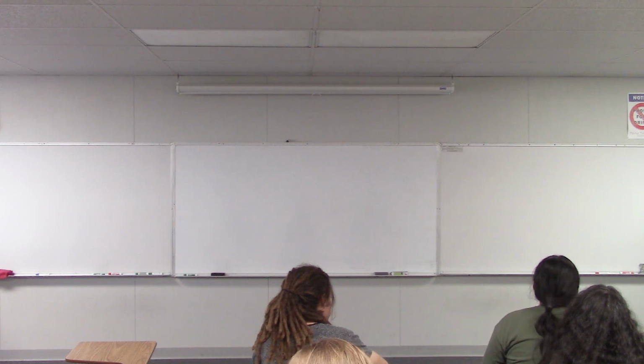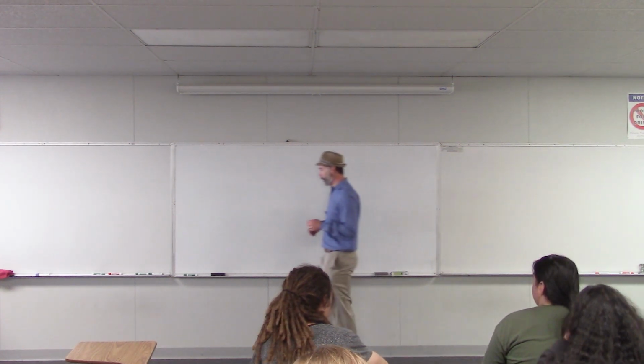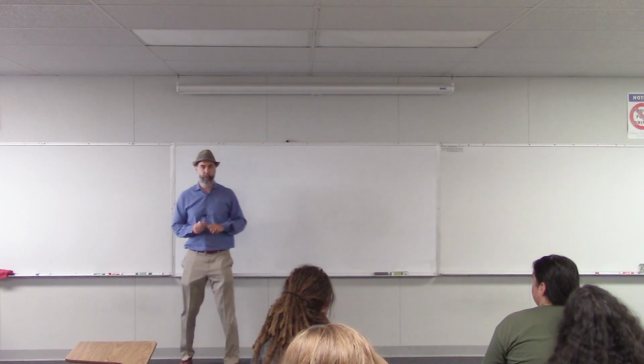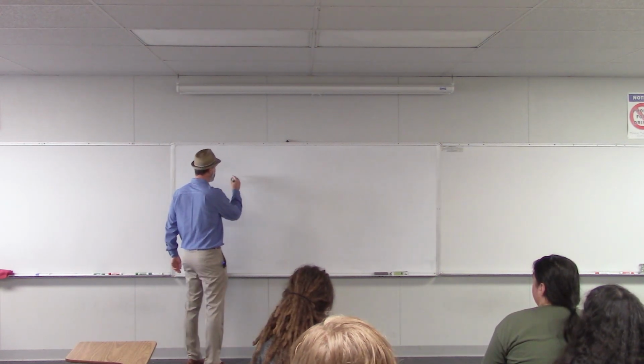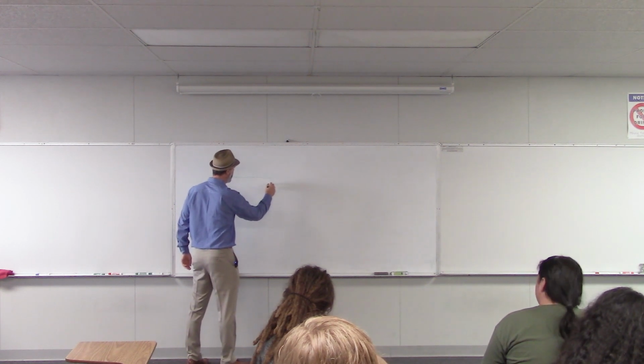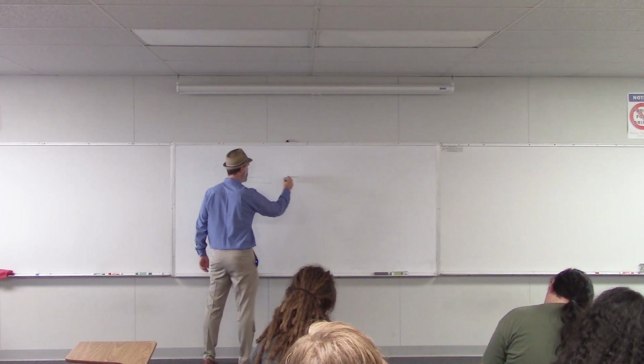So the next thing that I wanted to talk about was heat. When we're soldering, we're joining two things together. So we could be joining two pieces of wire, or we could be joining a wire and a board, but we're going to be joining two different things together.